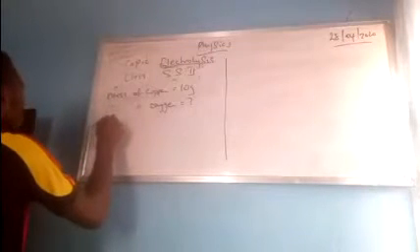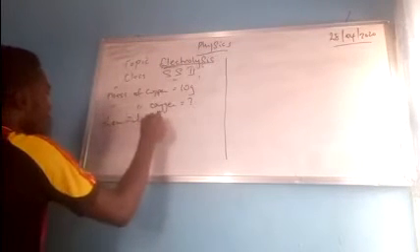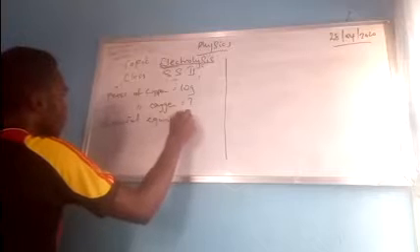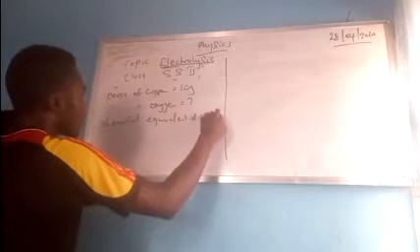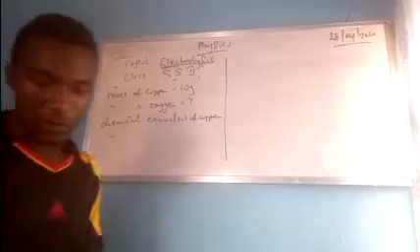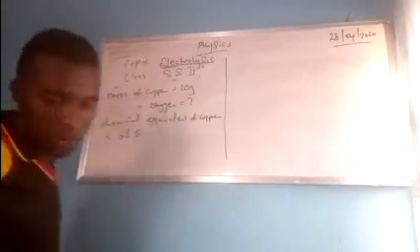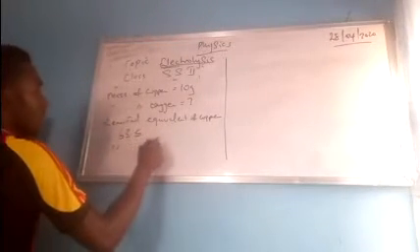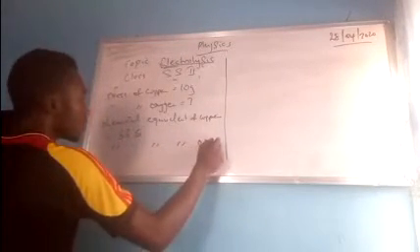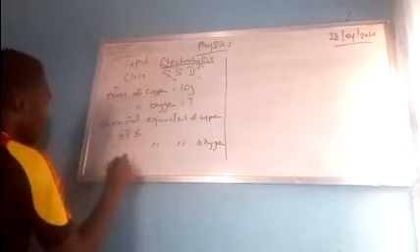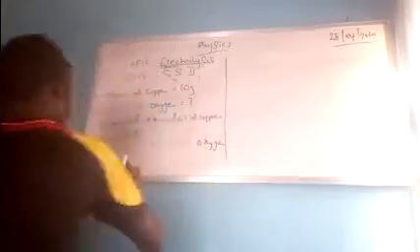But the chemical equivalent of copper was given to us as 63.5, while the chemical equivalent of oxygen was given to us as 31.5.